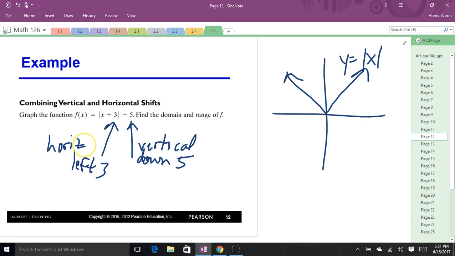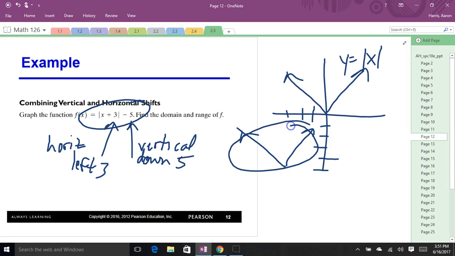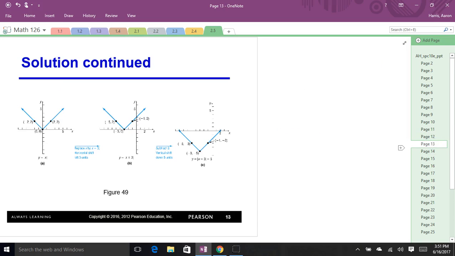Horizontal left 3. So we're going to take it, go down 5 and left 3. And you're going to see that exact same function. There it is. Okay, down 5, left 3. You notice there, first they're shifting it to the left, and then we're shifting it down 5.